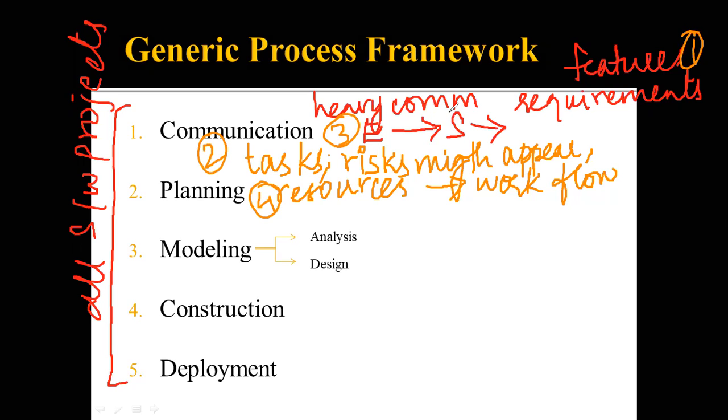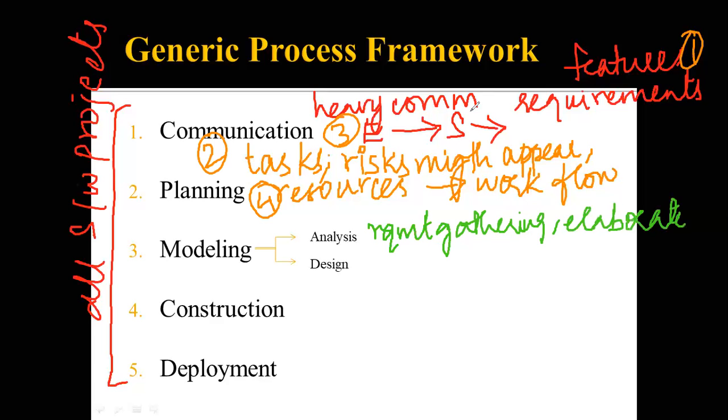Then the next one is modeling. Modeling is divided into 2 phases, that is analysis and design. Within the analysis phase, suppose you've got all the requirements, the requirement gathering is done. Now you might also want to elaborate all of these requirements.